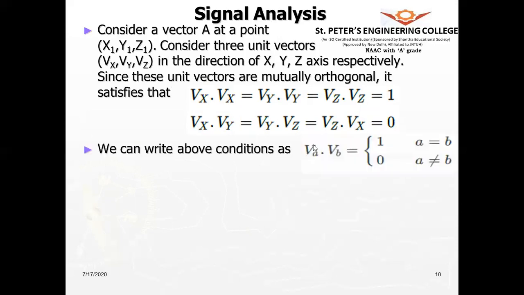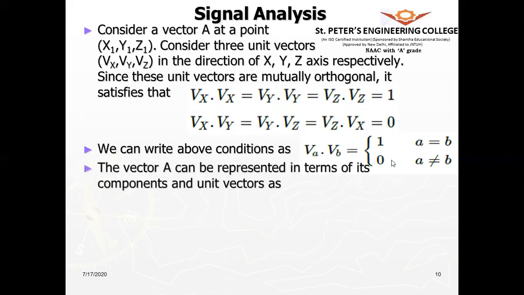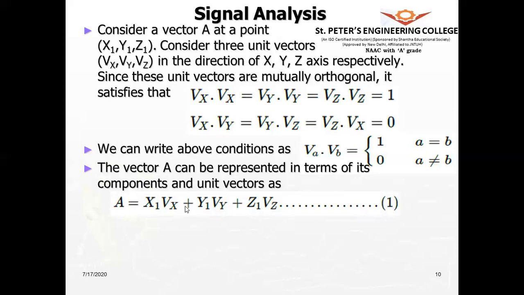So which we can again generalize by writing it as the dot product of VA and VB is equal to 1 when A is equal to B, and it is equal to 0 when A is not equal to B. The vector A can be represented in terms of its components as unit vectors given by the vector A is equal to x1 Vx, where x1 is a projection along the unit vector Vx, and y1 Vy plus z1 Vz.